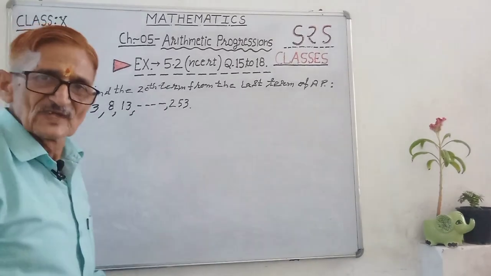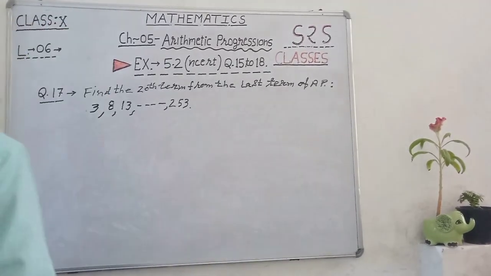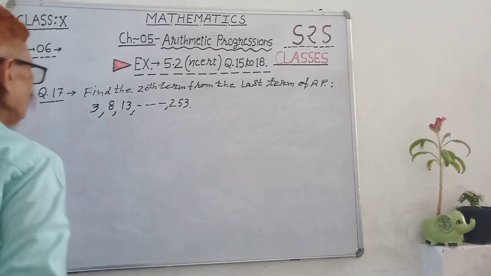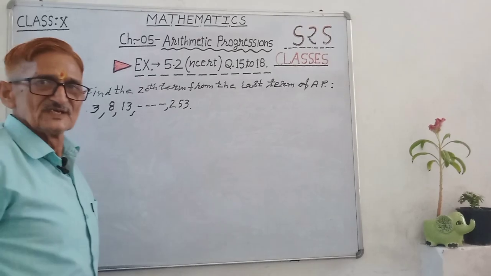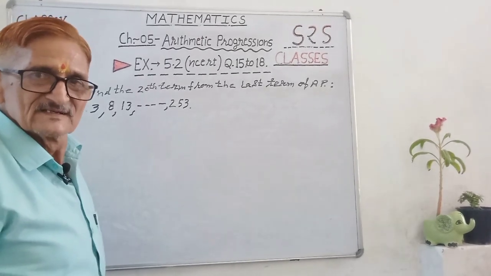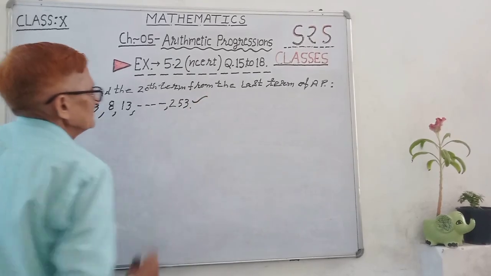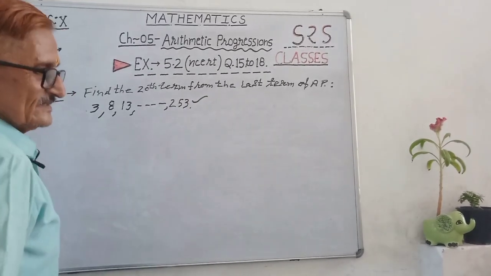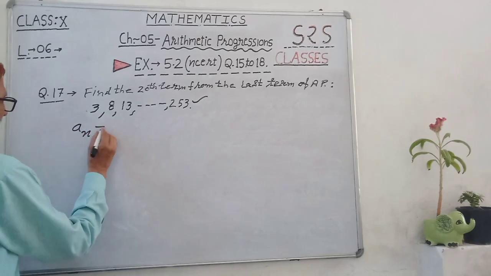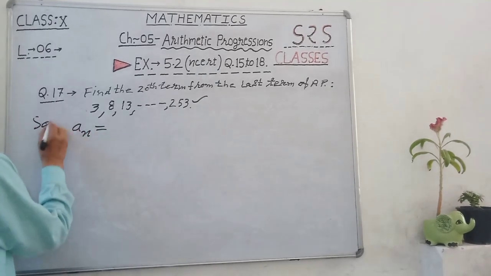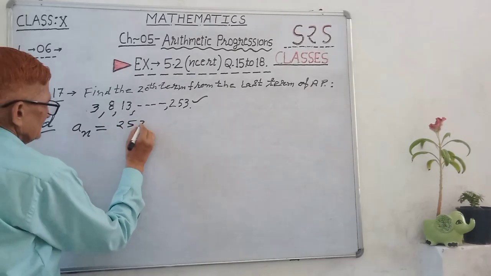So from the last term, the 20th term we have to find. So how many total terms are there? We should see that first. Solution: the nth term An is equal to 253.